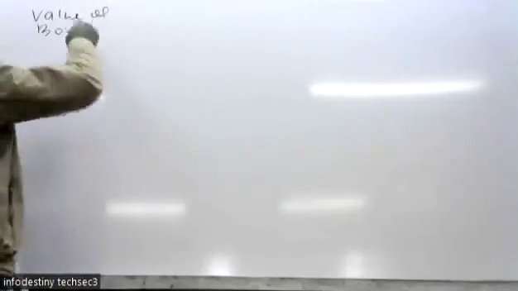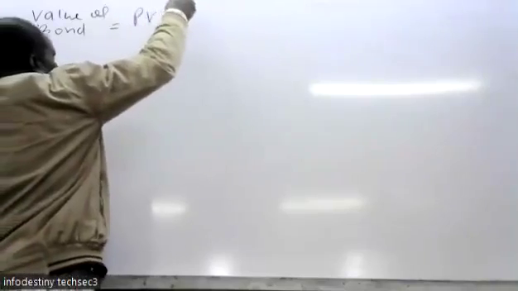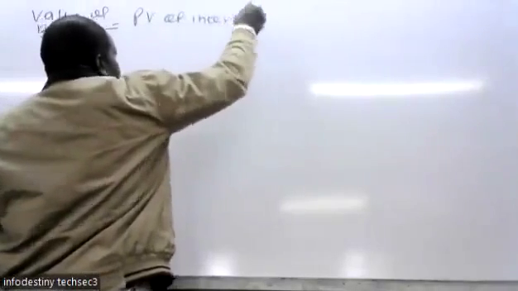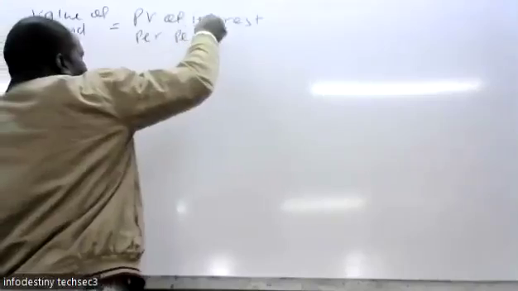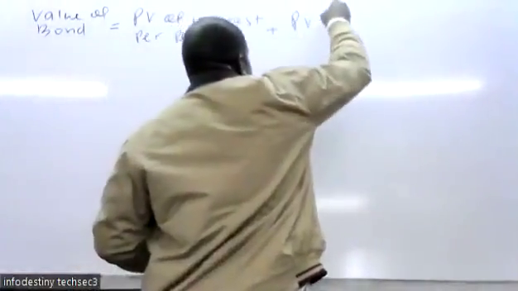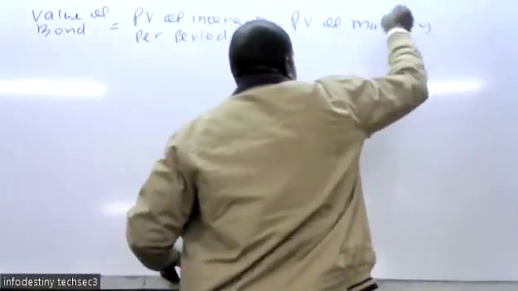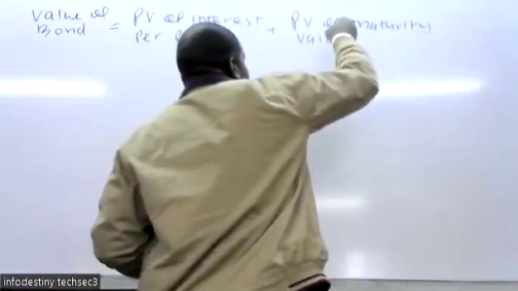So starting with what we had discussed today, when you want to get the value of the bond, the value of the bond is equal to the present value of the interest per period, then you add the present value of the maturity value.